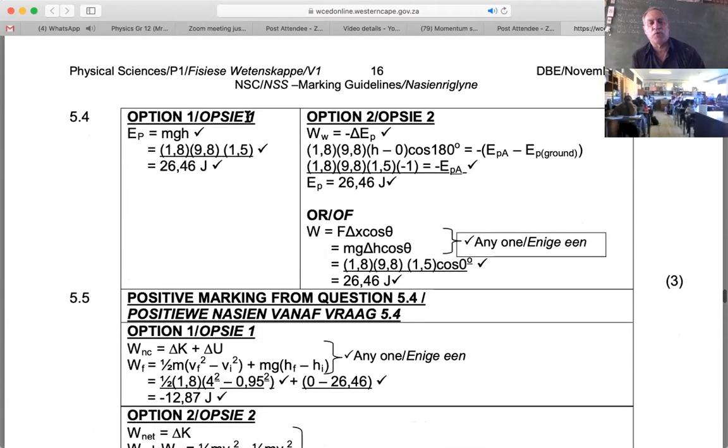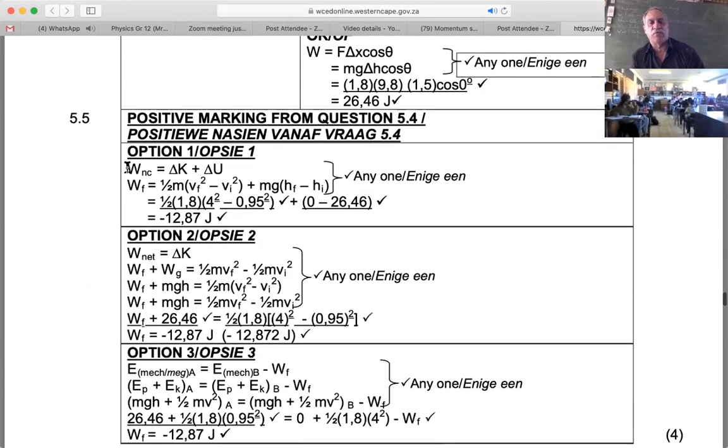Then 5.4, there's how we work out the potential energy. EP equals mgh, 1,8 times 9,8 times 1.5. So that is how much potential energy we have at the top. Then 5.5, we had work non-conservative equals delta K plus delta U. This was the formula.